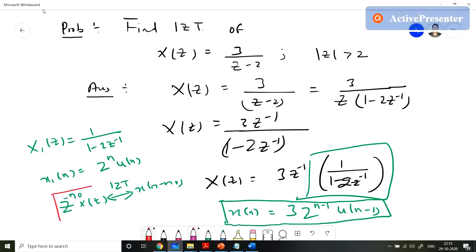We have used this property. So x[n] is 3 multiplied by 2 raised to the power n minus 1 into u[n-1]. So this is the inverse Z transform of this problem.